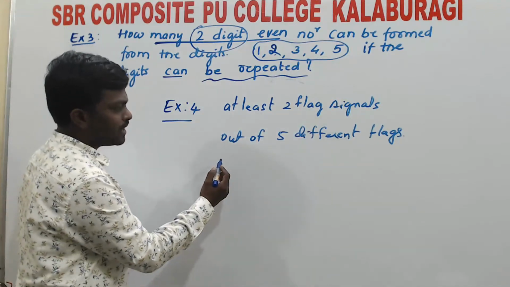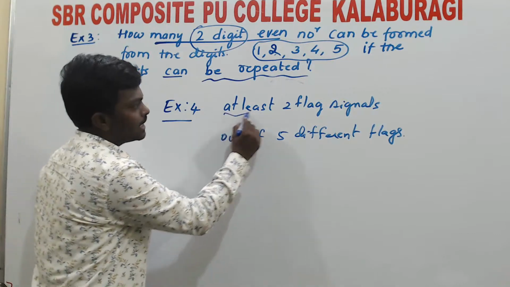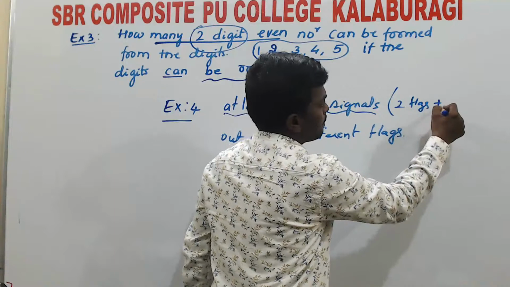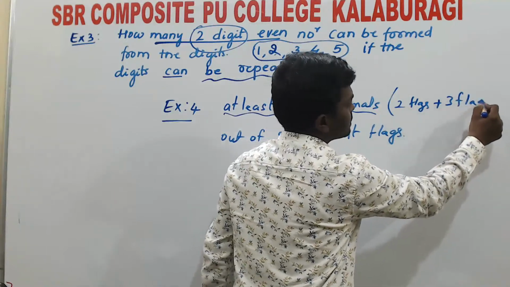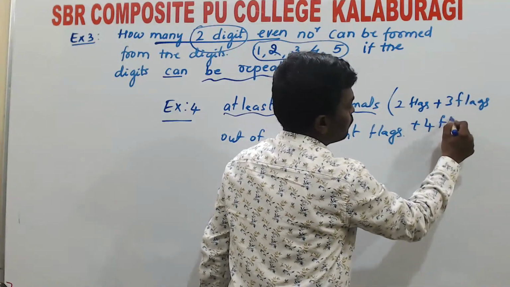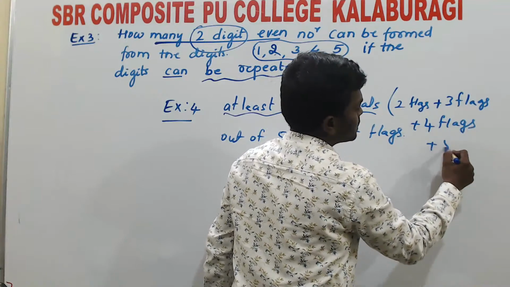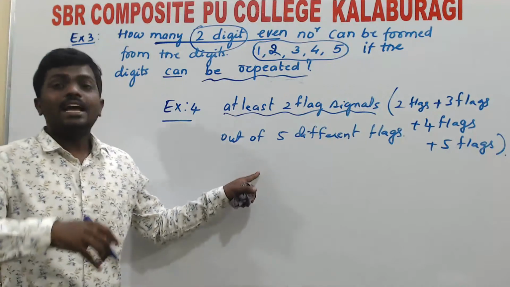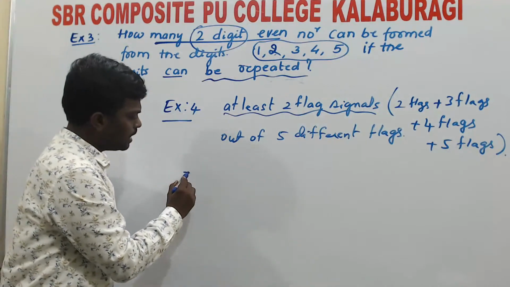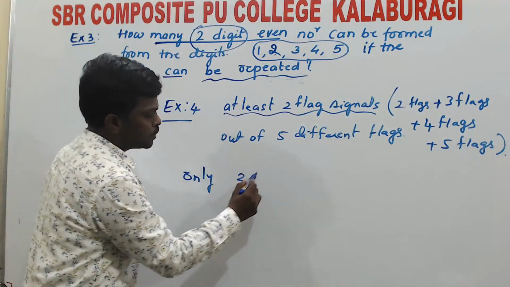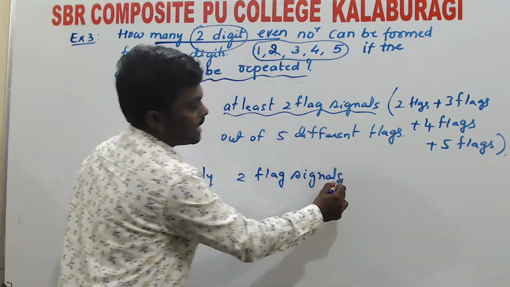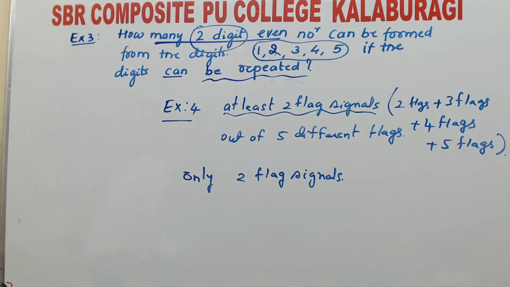At least two flags means it comprises 2 flags plus 3 flags plus 4 flags plus 5 flags. The other way they can ask is only 2 flag signals.